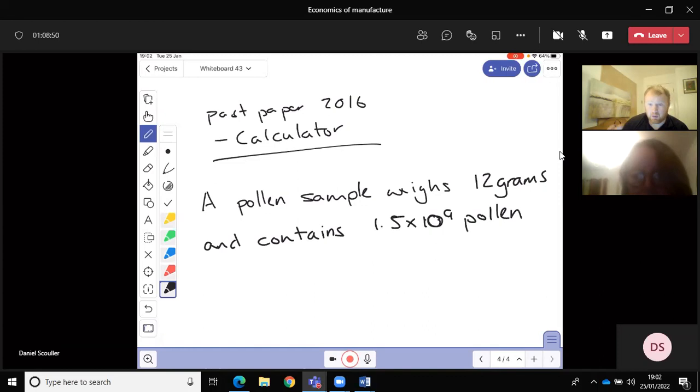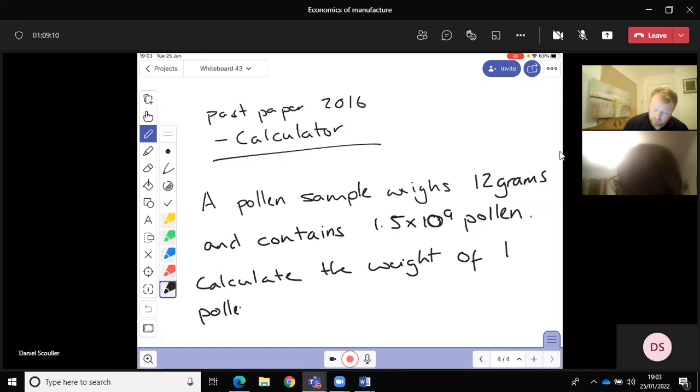So that's how many pollen grains are in that sample. Calculate the weight of one pollen grain in grams.